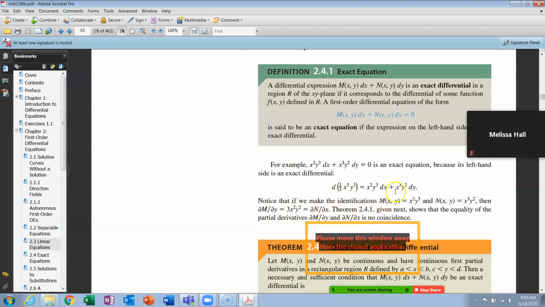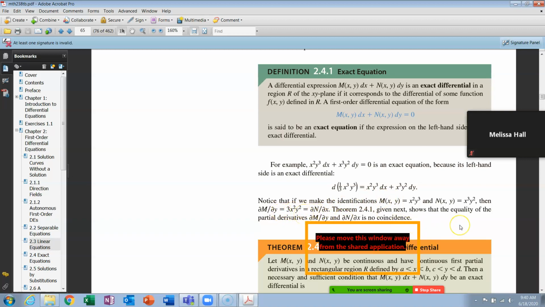Well, let's also take the partial of N, but this time with respect to x. That would be 3x squared y squared. Same thing. And we know this is an exact differential. We just determined that.